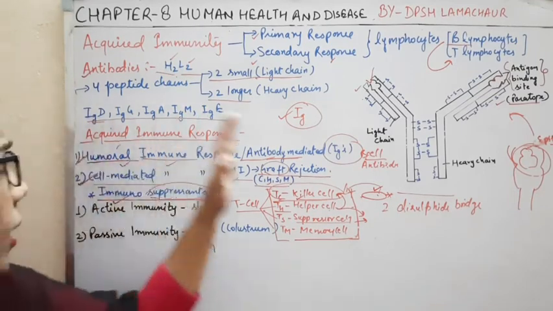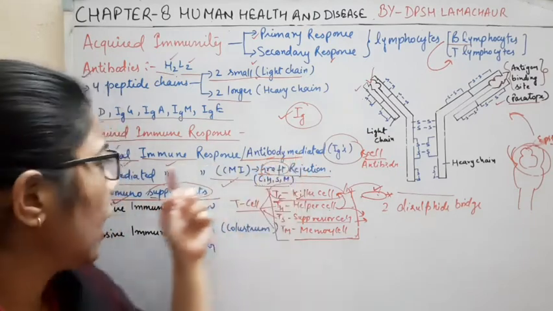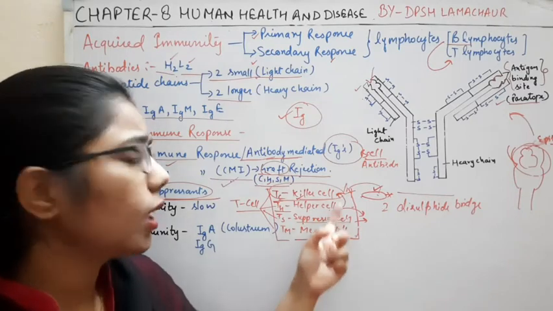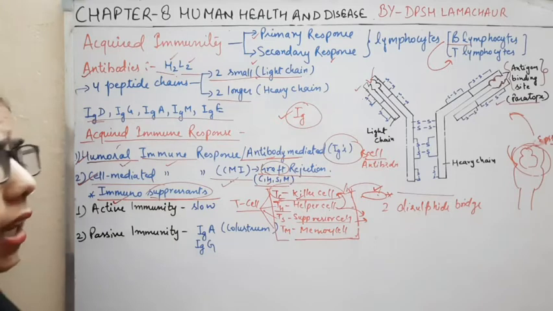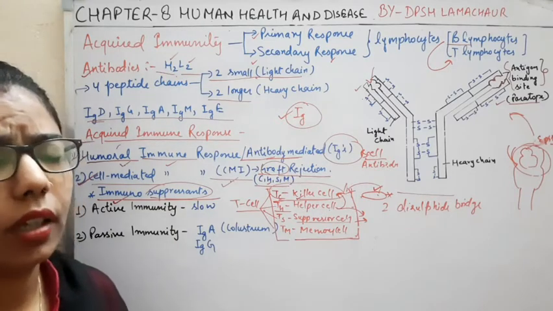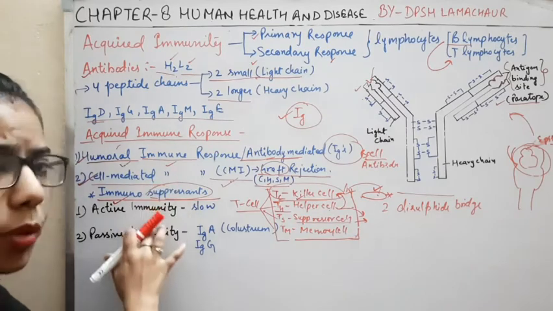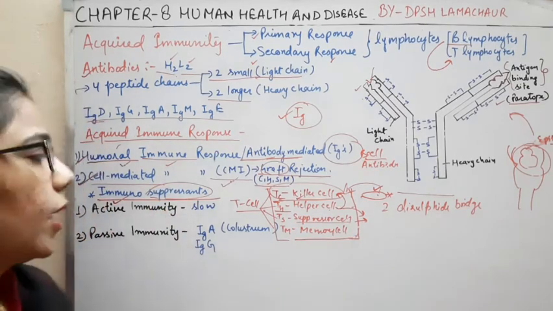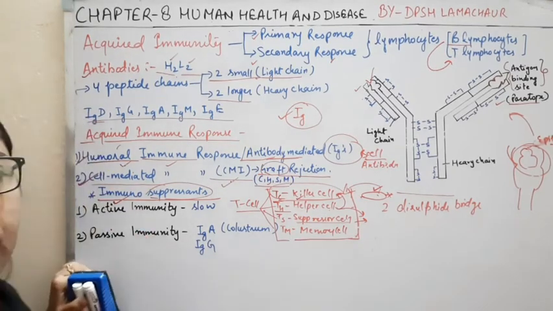Now in total here we have done two types: humoral, which is in the blood, and cell mediated, which is provided with the help of cells here. Now we have a classification for the immunity, based on whatever immune response has been given. So on the basis of this we have two types. What are they? Active immunity as well as passive immunity.